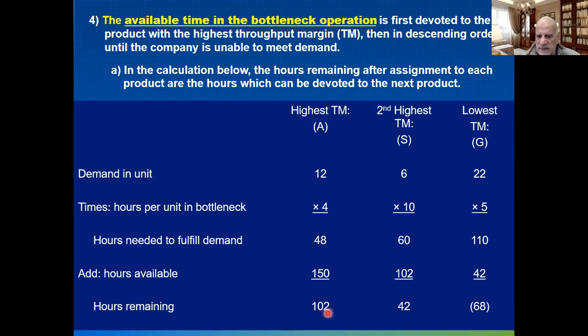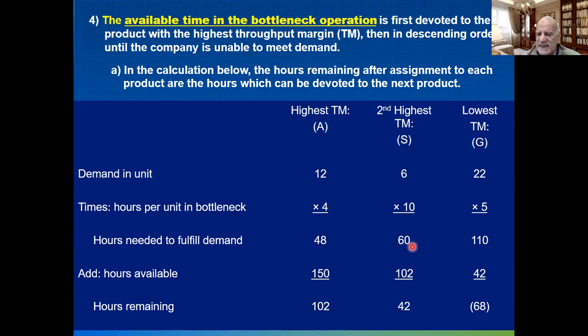This excess capacity will be transferred to be used in the second product, the second in descending order of profitability. So this second product needs 60 hours to be produced.